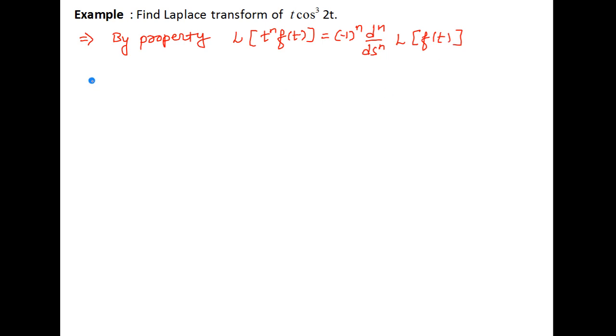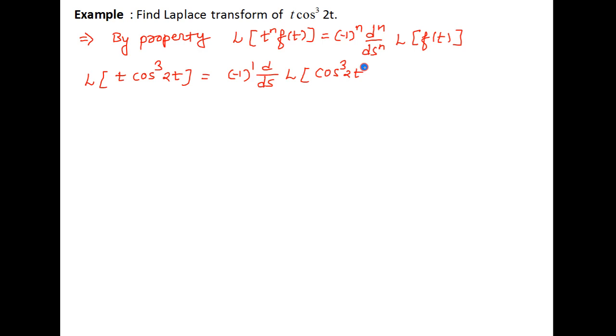Okay, now with this property we can write Laplace of t cos cube 2t equal to minus 1 raised to 1 again because the power of t is 1, then the first order derivative of Laplace of this function cos cube 2t.